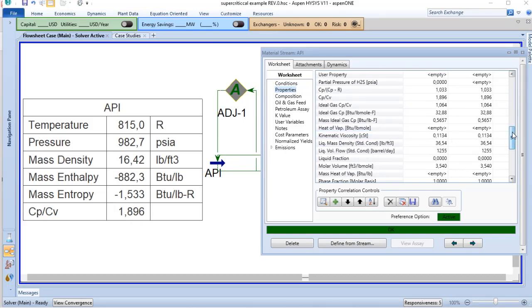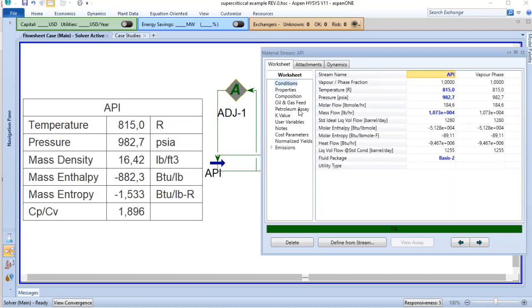Now, considering that we don't have the information of the release temperature, what we need to do is verify the conditions of the critical point, critical temperature and critical pressure. On those conditions, verify the mass density of the fluid, and after that, set the mass density of the fluid and adjust the temperature to get the same result. So one step after another.